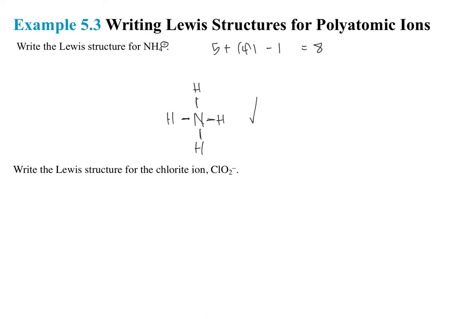Cool. Now this ion, ClO2 minus, so I have 7 plus 6 times 2 plus 1. So that's 12 plus 8, so 20 valence electrons. So I'm going to have ClO.